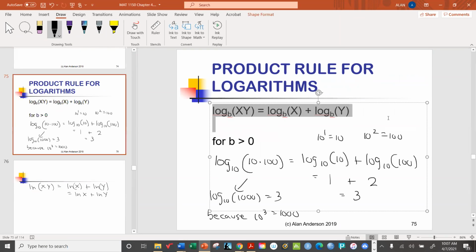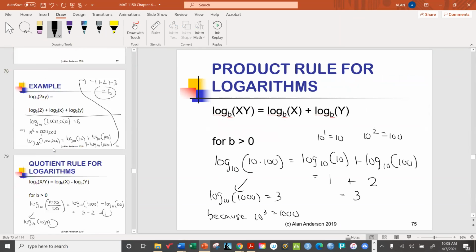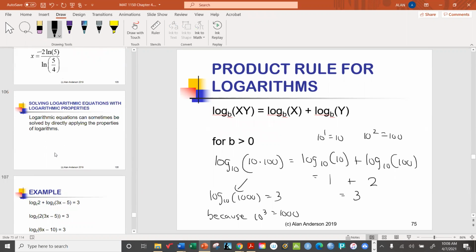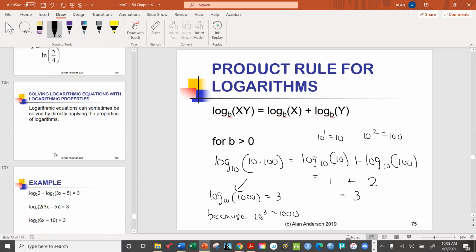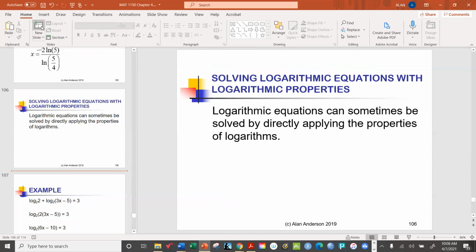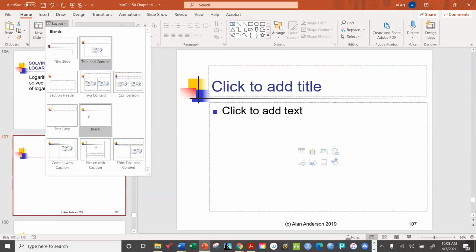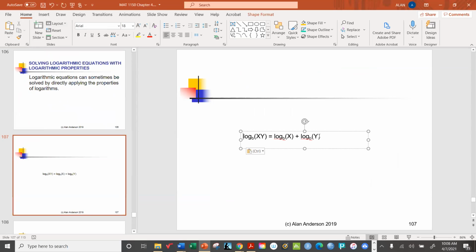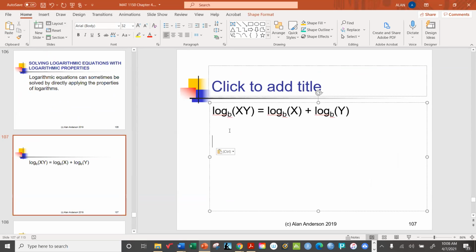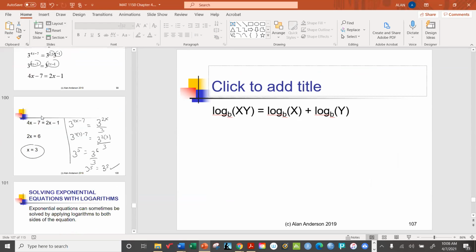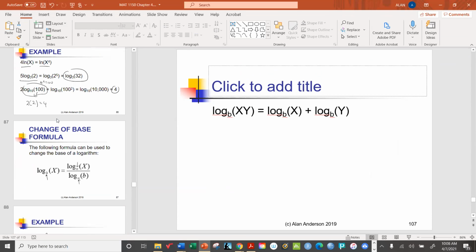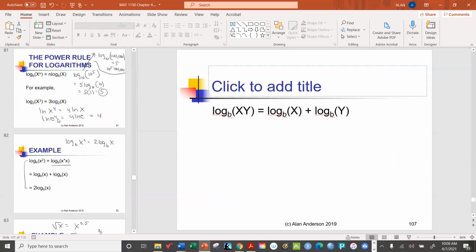Why don't I just copy these onto a single sheet or slide so we can have them all together in one place. I like the idea of having them all together. It's just so much more convenient. So let's do that right here. Okay, so there's the product rule. And then we had a quotient rule as well. Let's go grab that one.